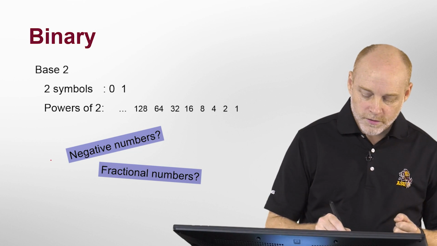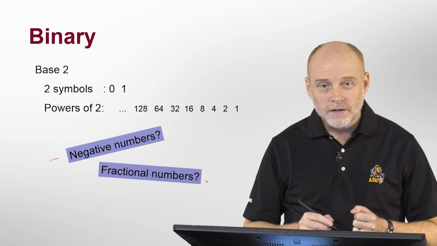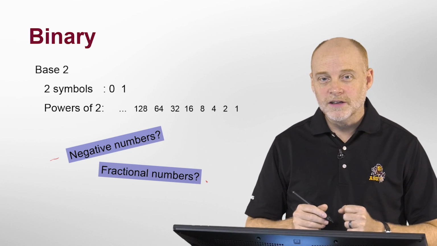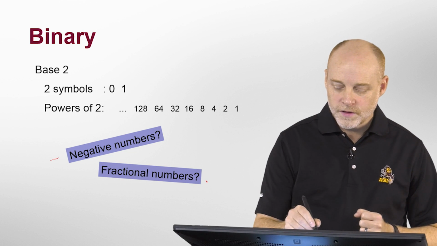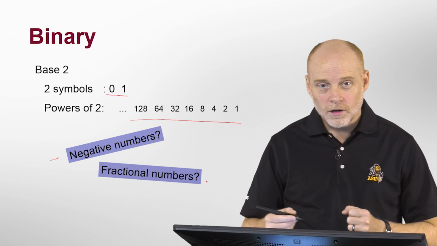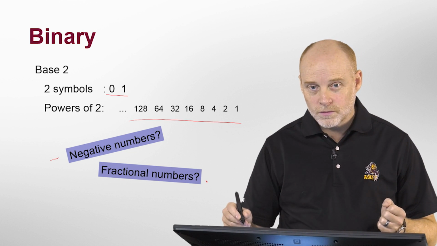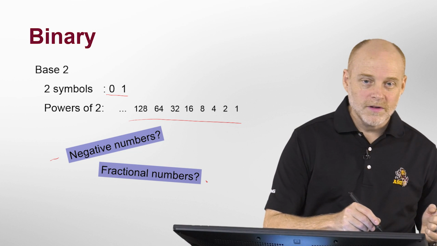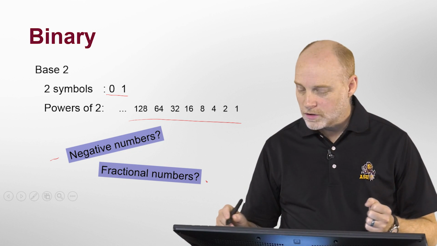Conventionally, we do tend to use a minus sign and a decimal point for representing negative numbers and fractional numbers, but that's just a convenience. It's not necessary. With just 2 symbols, arranged according to columns that are powers of 2, we can represent any positive number, any negative number, and any fractional number.